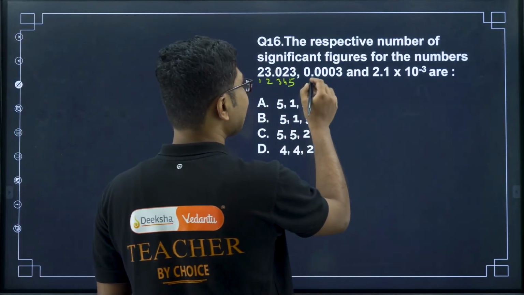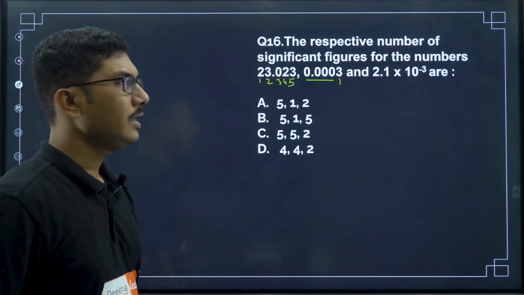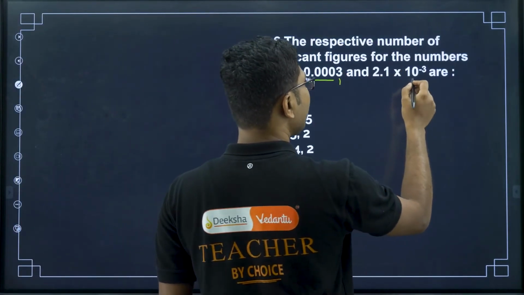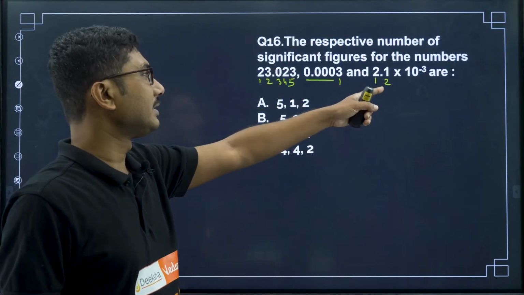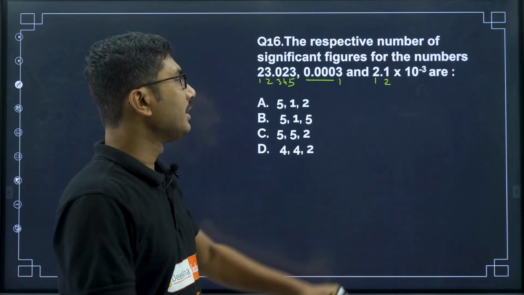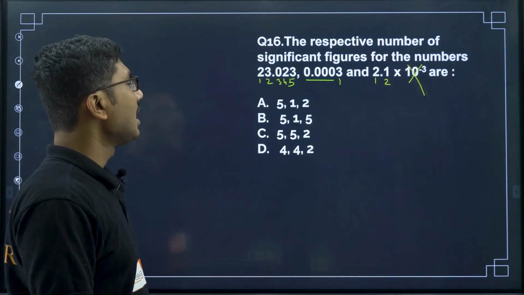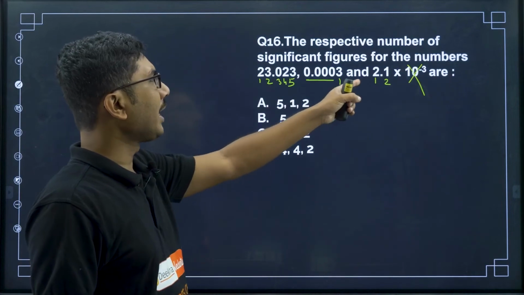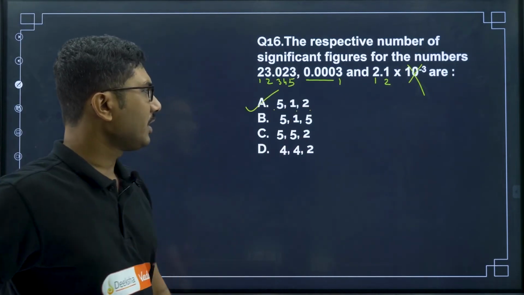Now here in this case we ignore everything, only this is significant. In this case we do not consider this, only 1 and 2 are significant. These two digits are significant. This is scientific notation, so this is not significant. We will not consider this as part of the significant digits. So it will be 5, 1, 2. So the correct answer is option A.